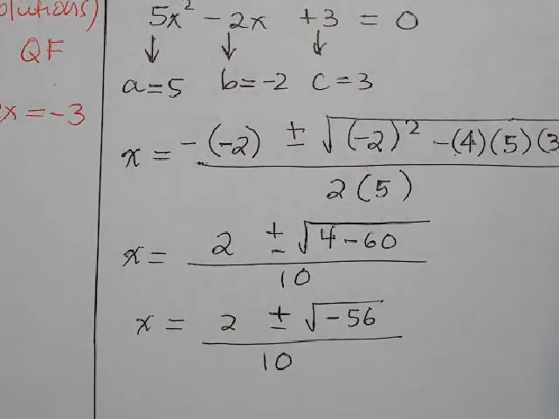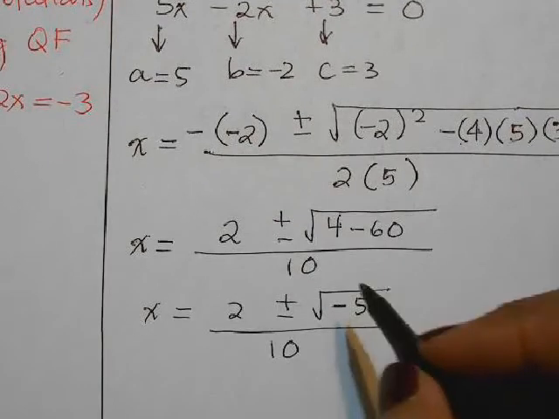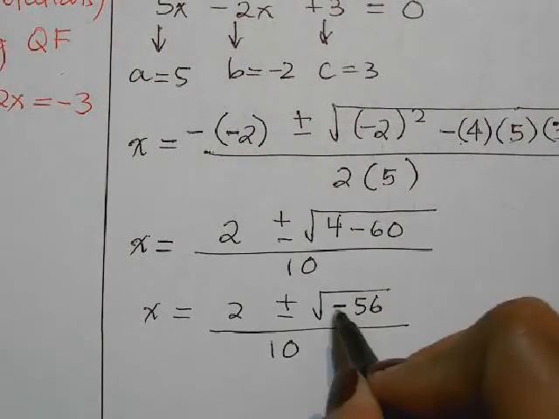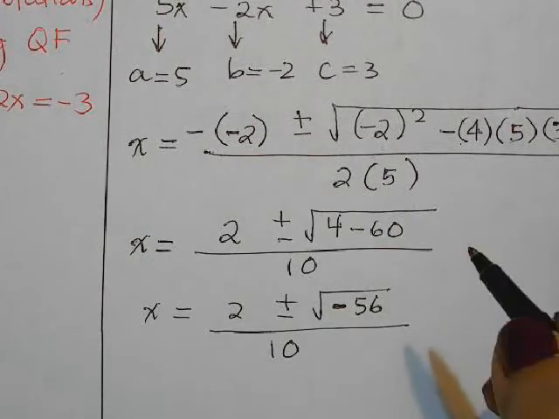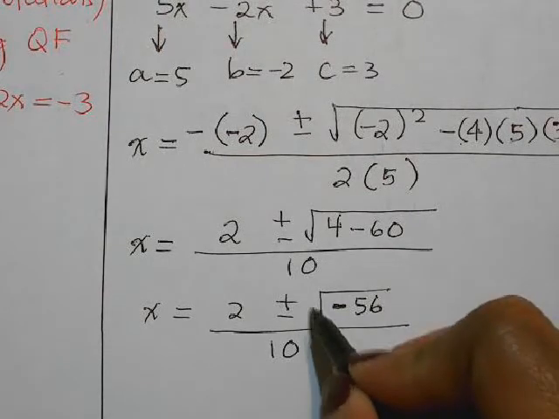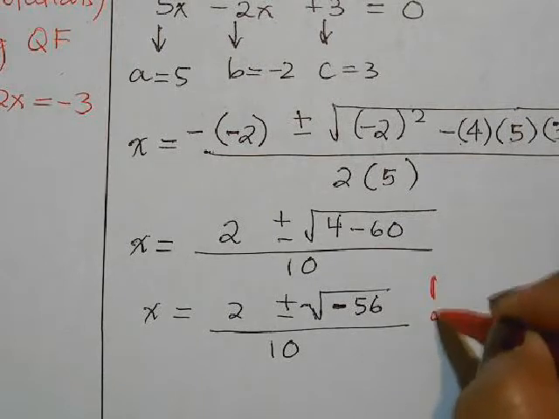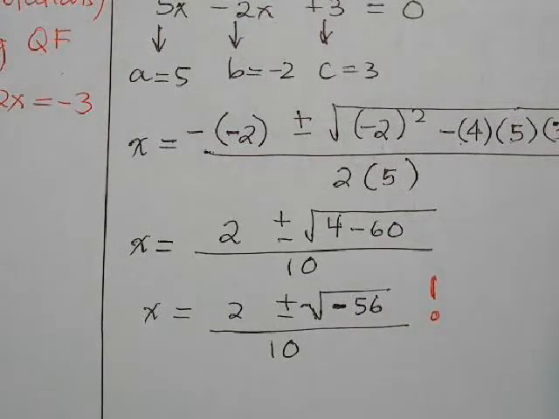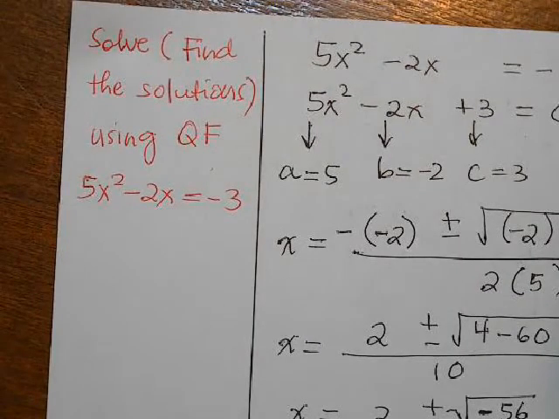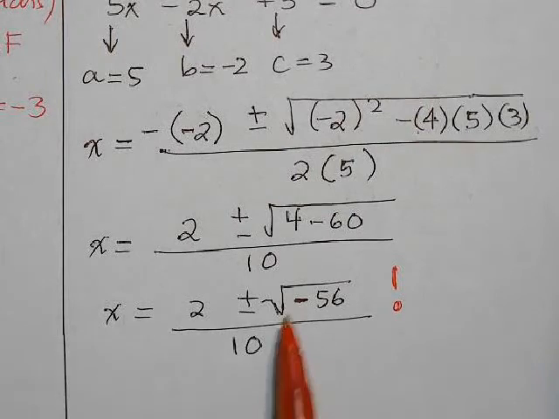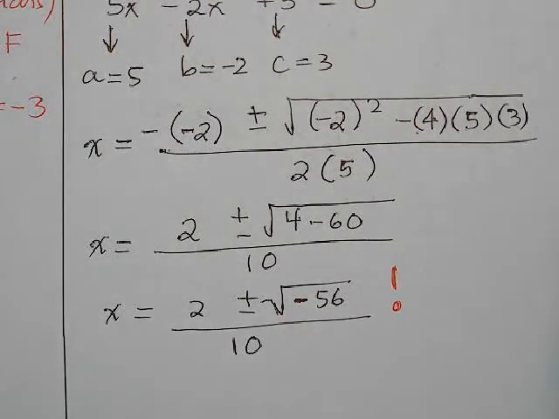Okay, so we studied in radicals that there is no real number that when you multiply by itself will become negative. So the radicand under the square root should always be positive. So here be careful, it depends on your instruction. If your instruction says solve or find the solutions, then you have a solution, but it is called an imaginary number.